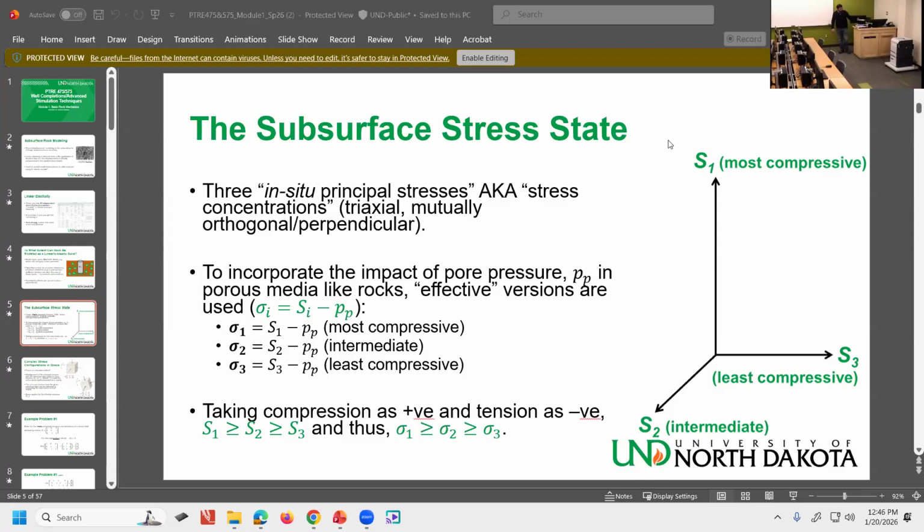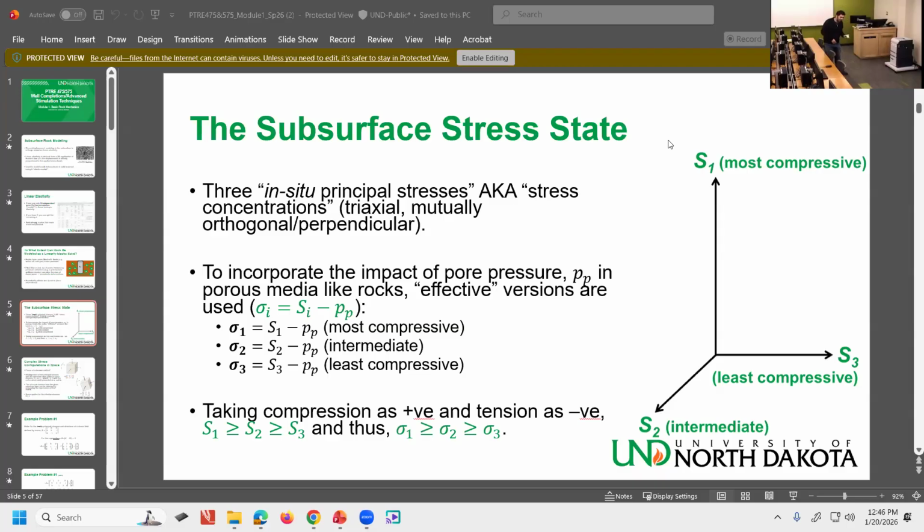Now, let's do something. Well, we did that last time. We took this element of rock and we put it in the subsurface under a lot of rock. So it had a lot of rock above it and a lot of rock on the side and below it. Okay, this rock was applying stresses on it. This stress wasn't from the element itself.